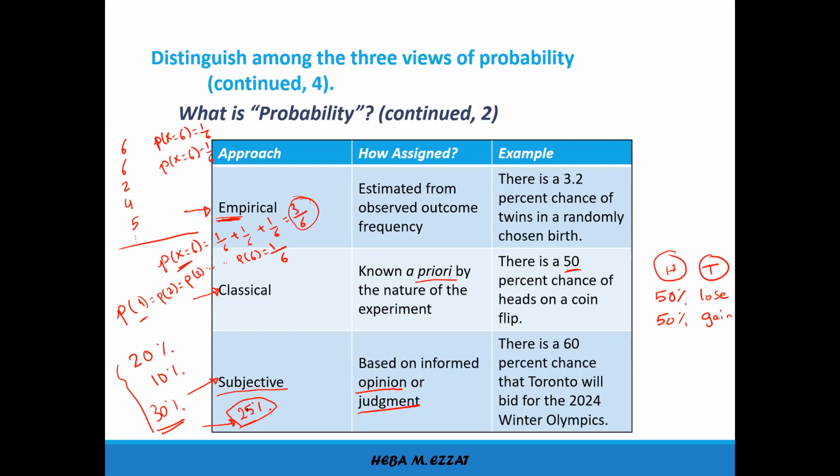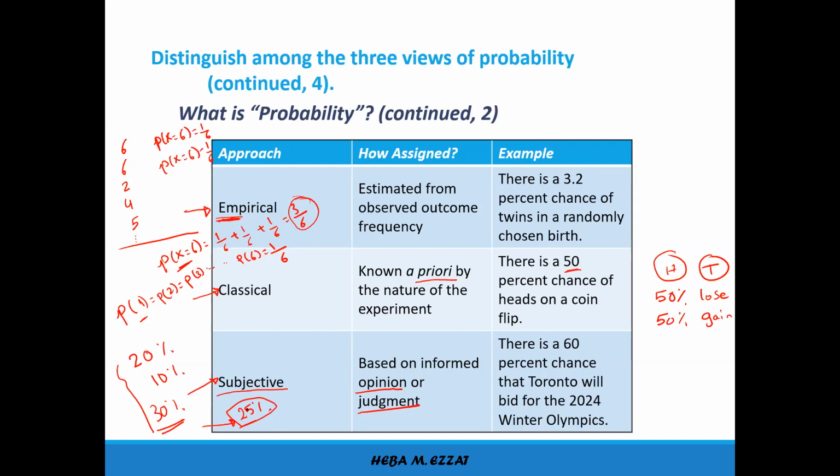Why empirical? Because there is a similar percentage for the probability. It's based on a previous observation of what happened last week in USA. So it's not subjective. I am building my estimation upon something that had been observed before in another country. So in this case, it's empirical.